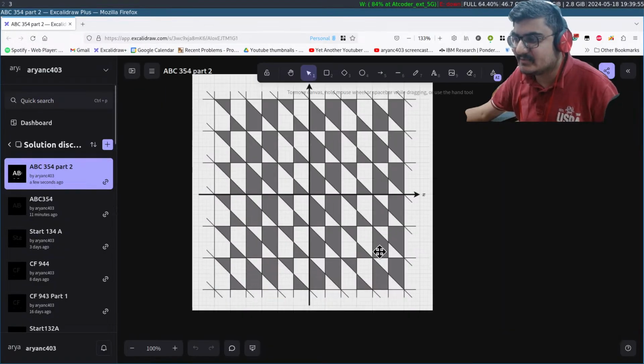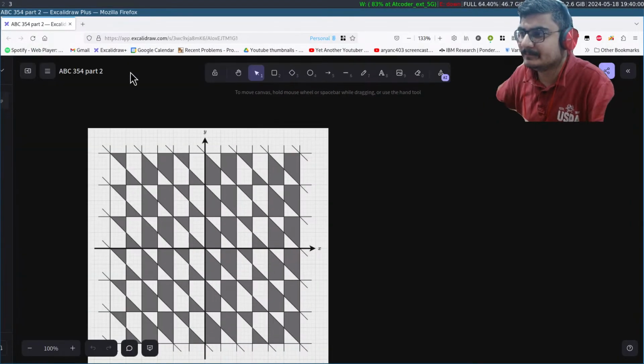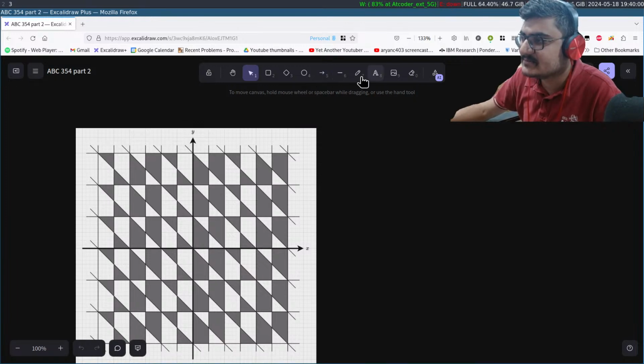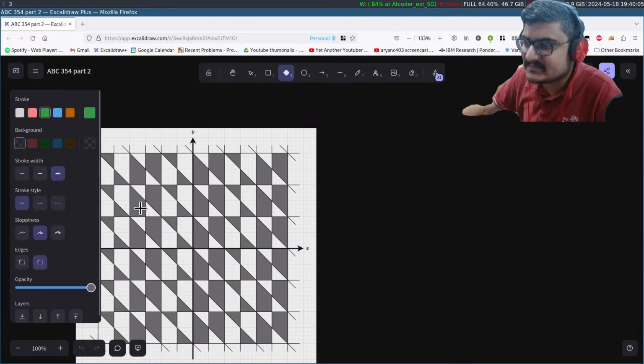So basically I was saying this is the drawing I have with me. And my idea was first, let's say this is the area I want to find the answer for.